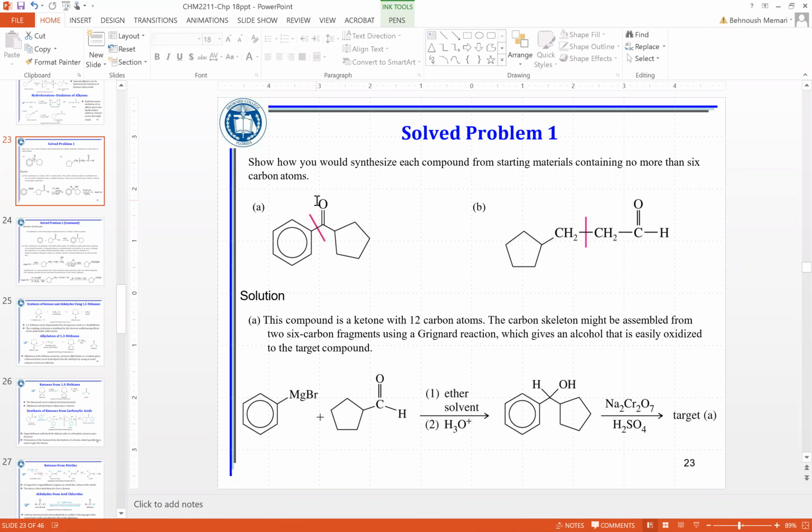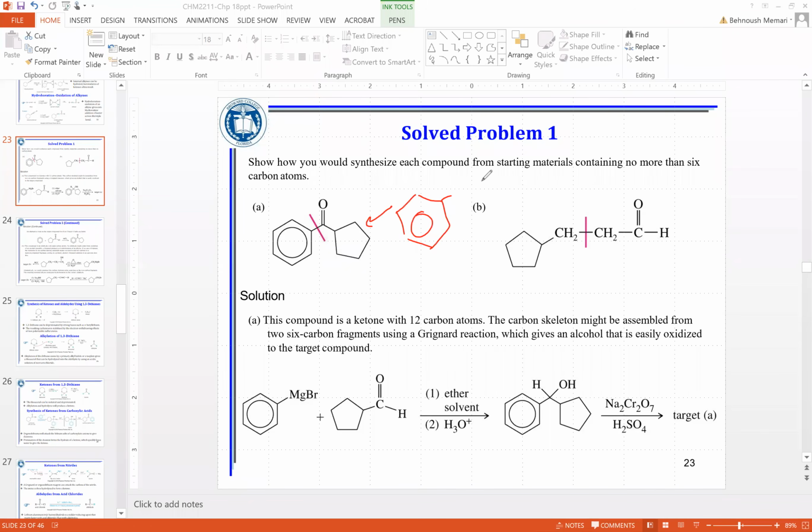Okay. PCC? Sorry, I didn't see the chat. PCC with a secondary alcohol? Is that what your response is, Mohammed? PCC plus a secondary alcohol. So what should be the secondary alcohol in order to make this ketone?